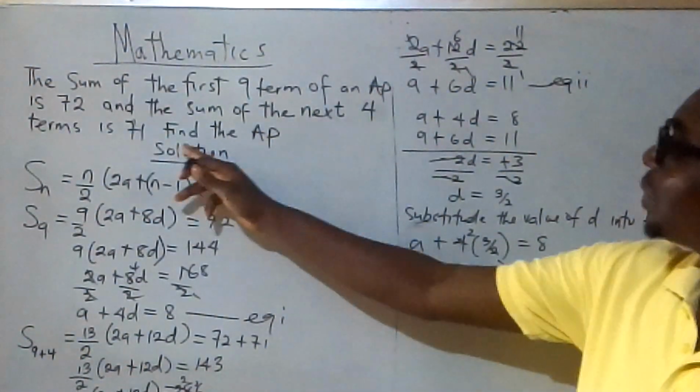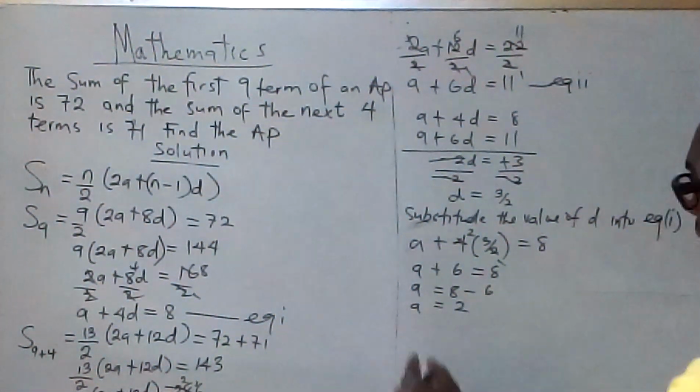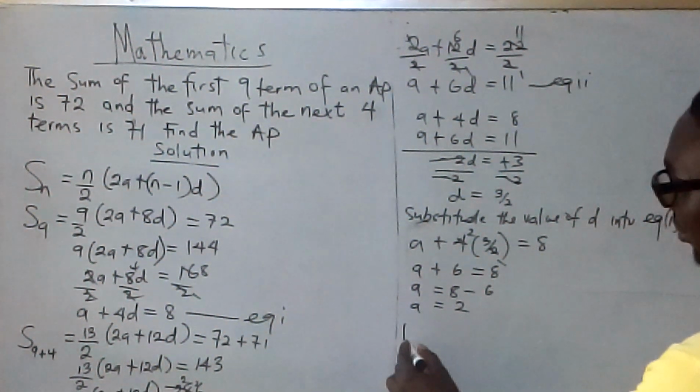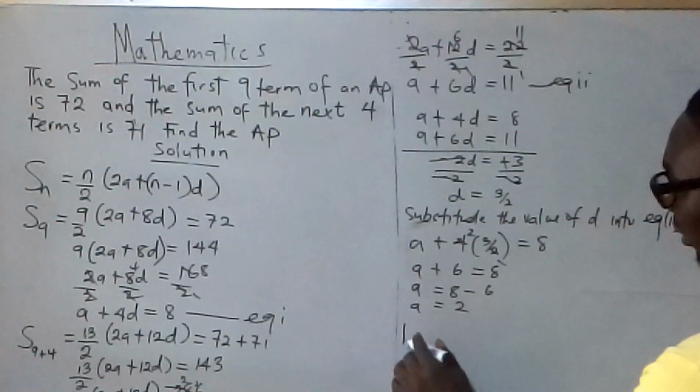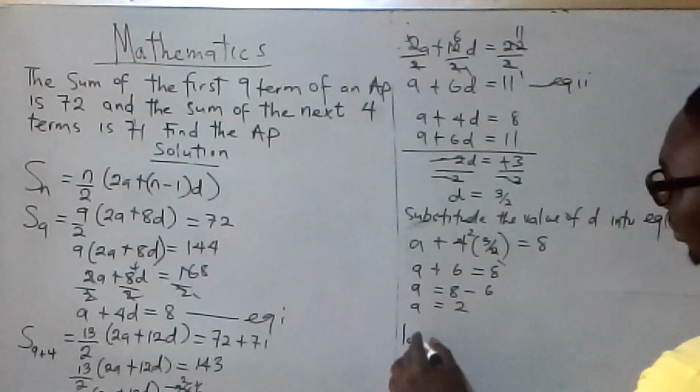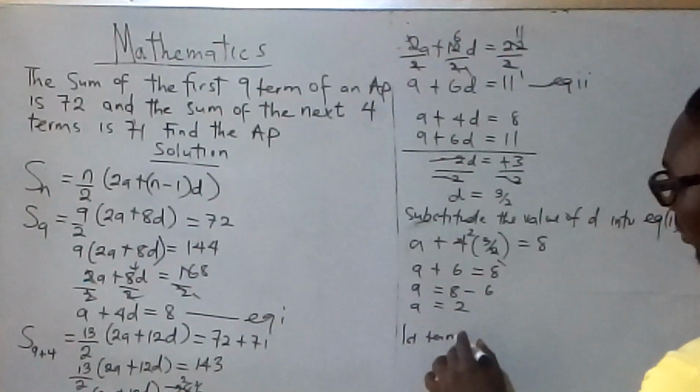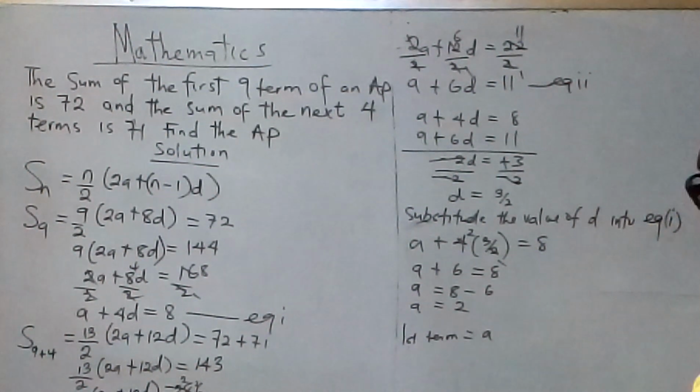Now the question says find the AP. To find the AP, the first term is equal to a, which is equal to 2.